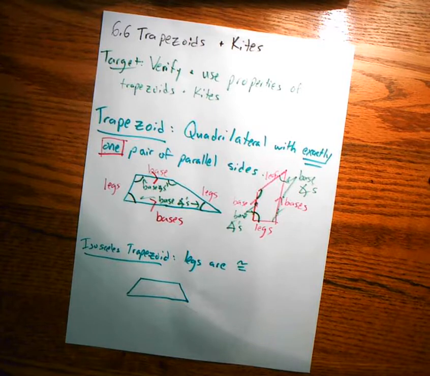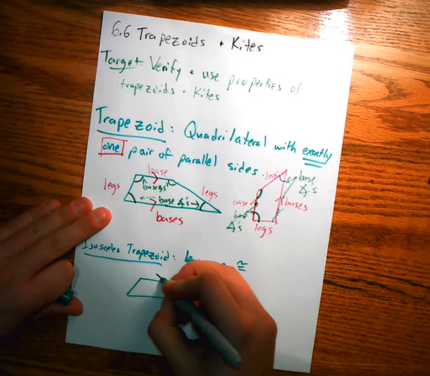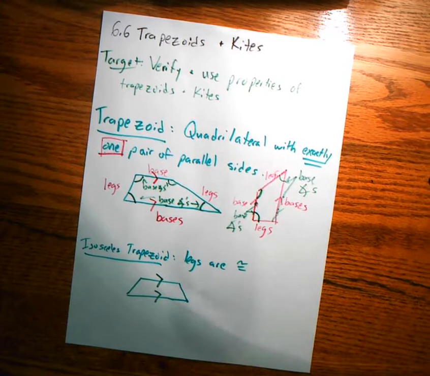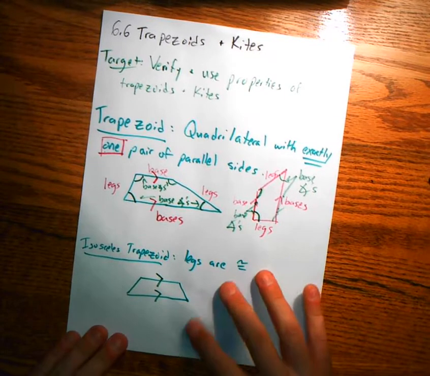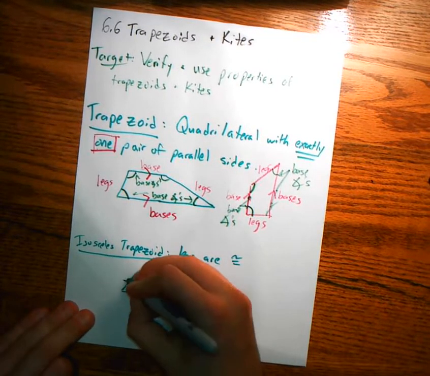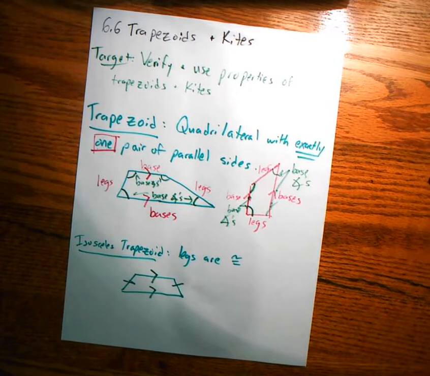Then we get more specifically into an isosceles trapezoid. An isosceles trapezoid is a trapezoid where it still has exactly one pair of parallel sides. The top and the bottom could be the ones that are parallel, but then it also has legs that are congruent. So the two sides that are not parallel to each other are congruent to each other.